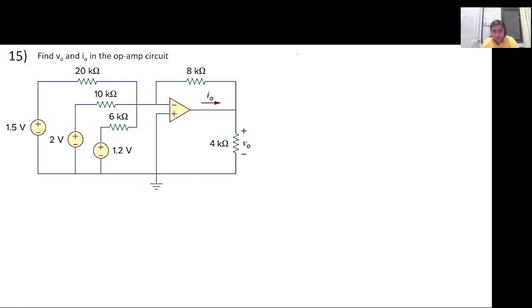And current is minus 0.95 milliampere. It's a little different than what I got.